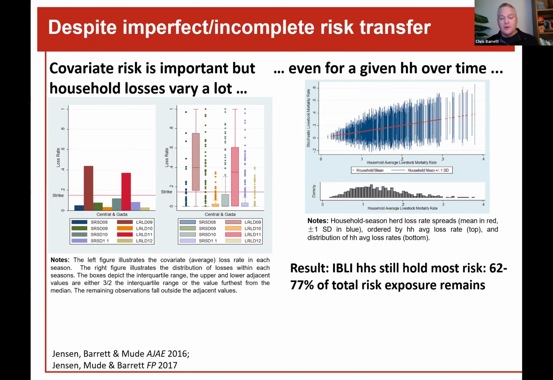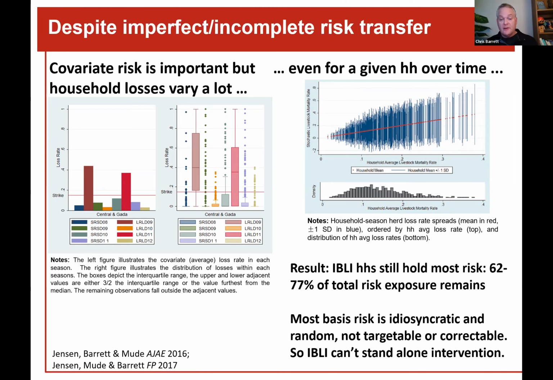So the bottom line was that IBLI has a really positive impact, even though it's only picking up 1/4 to 1/3 of the risk. Most households were still holding somewhere between 62 and 77% of the total livestock mortality risk exposure. So IBLI was a highly impactful product, but incomplete and imperfect. So the key here too is that the imperfections in IBLI seem to be largely around idiosyncratic risk and not targetable.